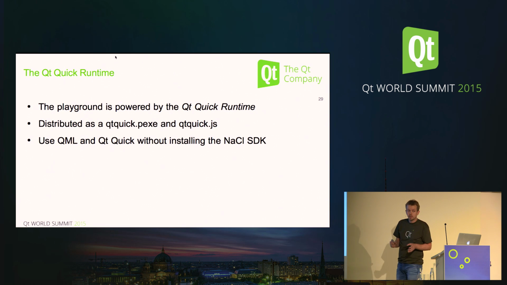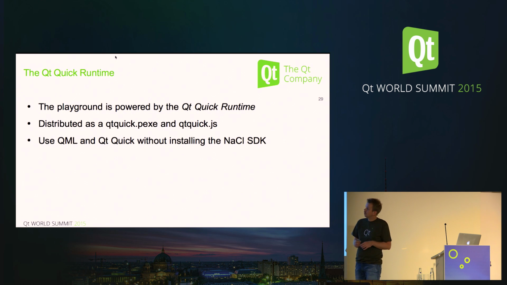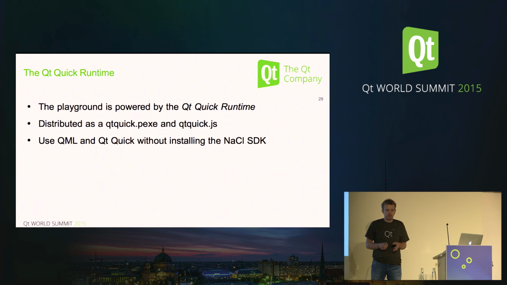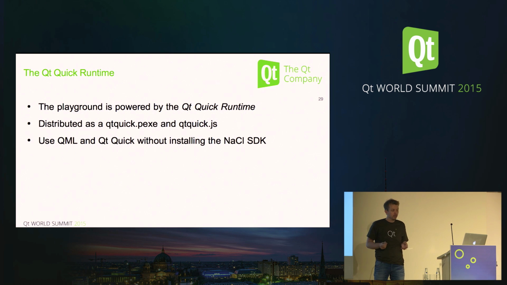Okay, so behind the scenes, the playground is powered by a Qt runtime. And the idea behind the runtime is that if you're only working with QML and Qt, then we don't need to compile C++ code. So we can compile a Qt executable, and ship that to users.